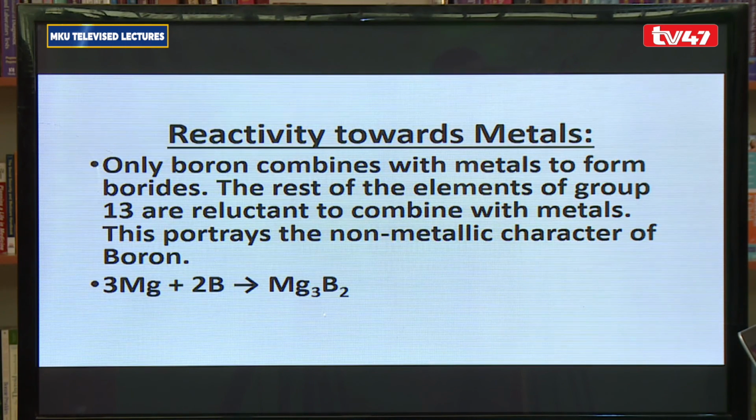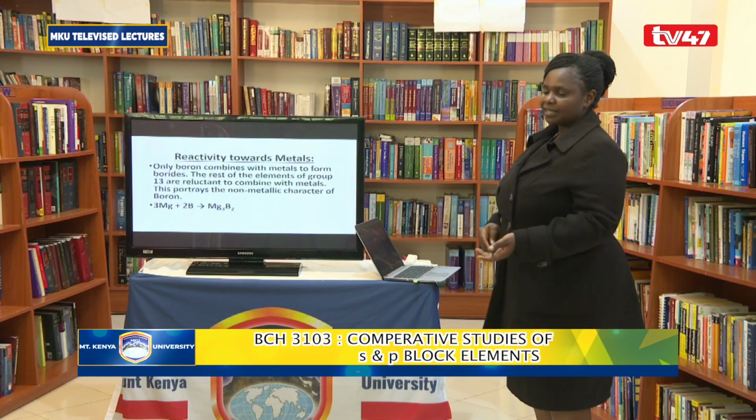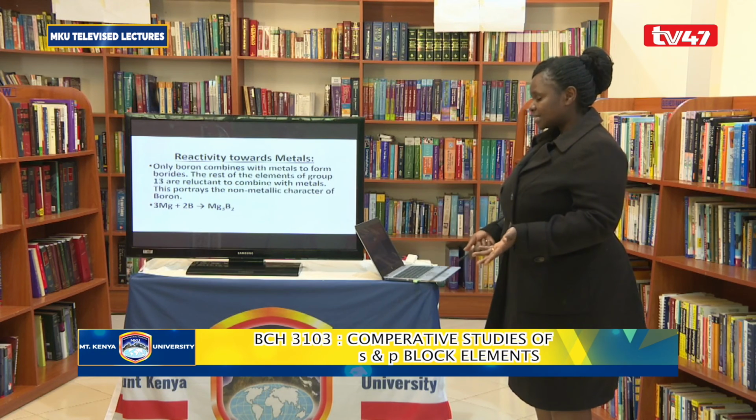Now, when it comes to the reactivity towards metals, you'll find that only boron combines with metals to form borides. So boron is totally non-metallic. It reacts with other metals just like the way sulfur can react with a metal. You can react magnesium with sulfur to form magnesium sulfide.